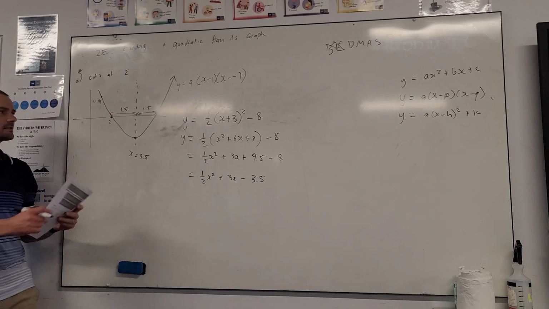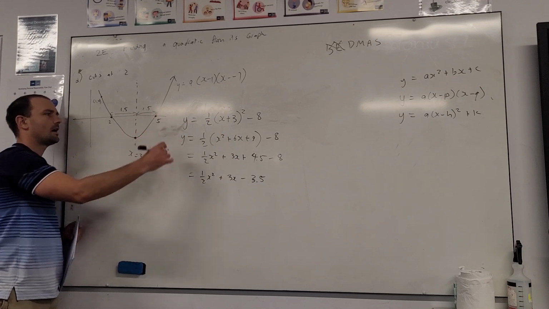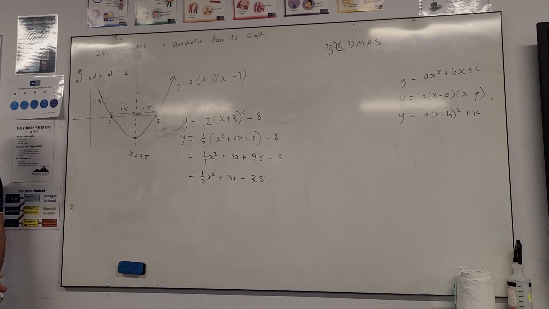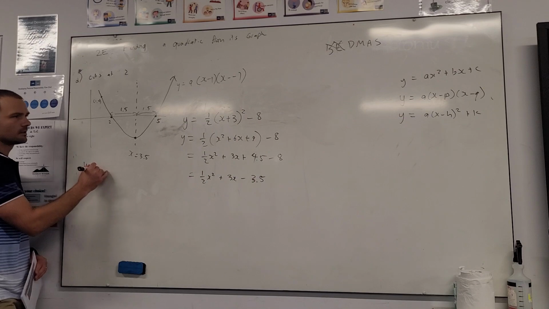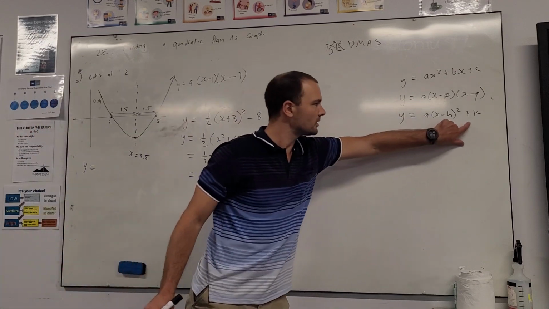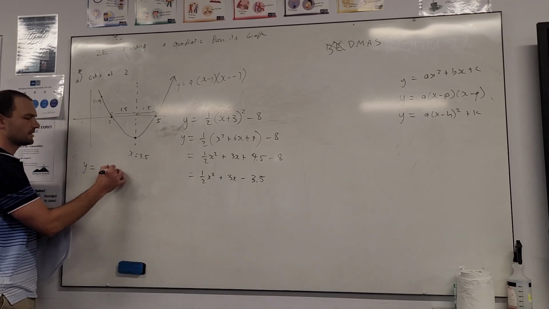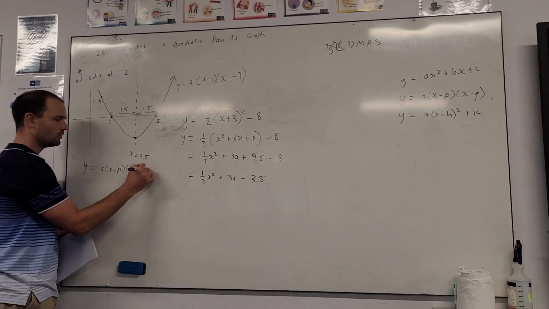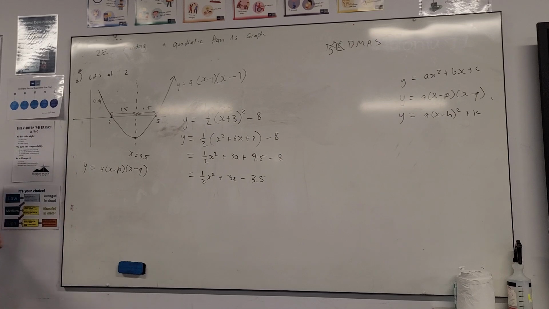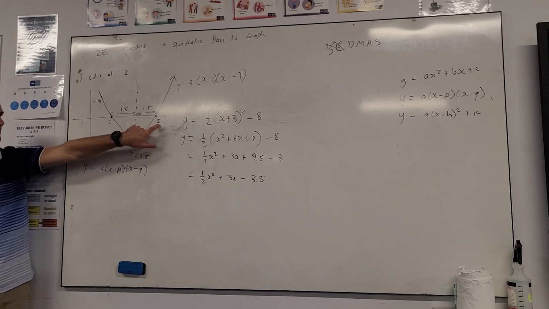And 2 plus 3, that's going to take you to positive 5. So we've got the roots. This time we're not using the vertex, we're using the roots. A times x take p times x take q. What are our roots? Positive 2, positive 5.